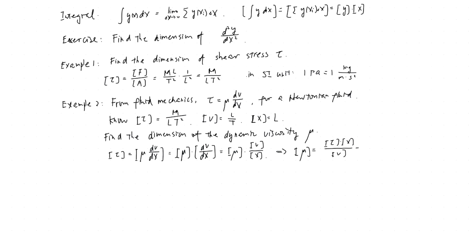And then you put these together, and you will find that it is mass, length, and time. So in SI units, this is kilogram per meter second.